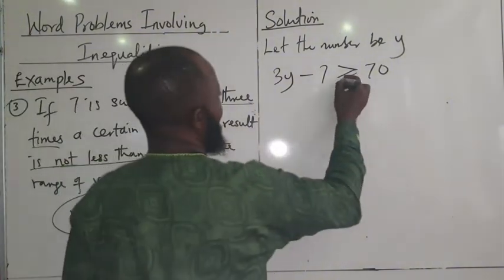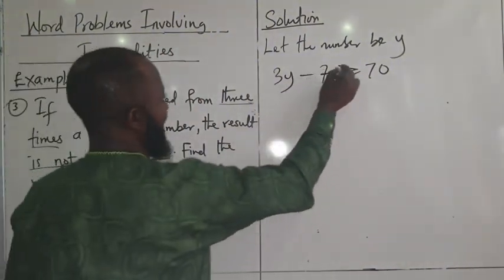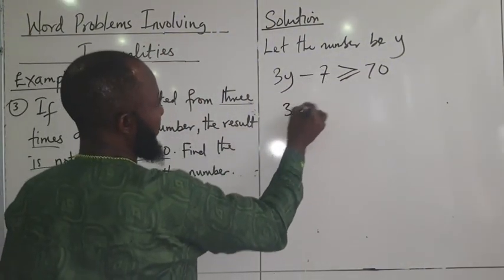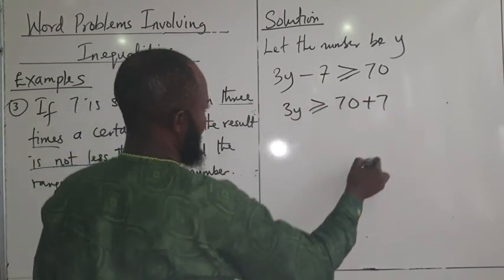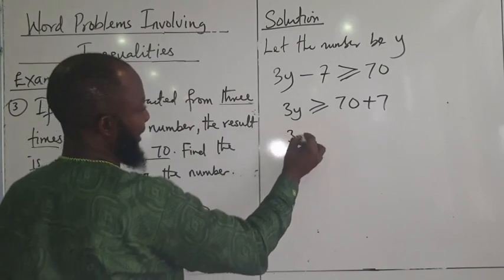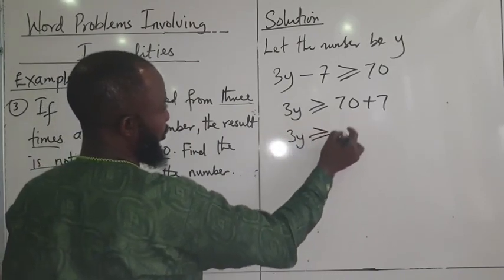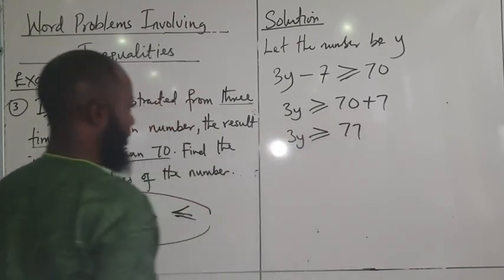So in this case, we are now going to solve this. That's going to give us 3y greater than or equal to 70 plus 7. So this will give us 3y greater than or equal to 77, right?